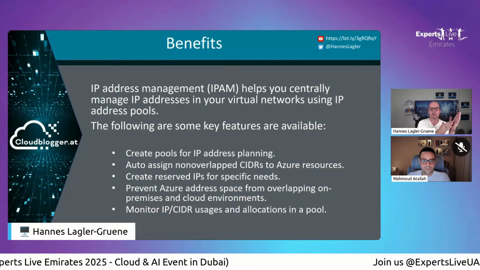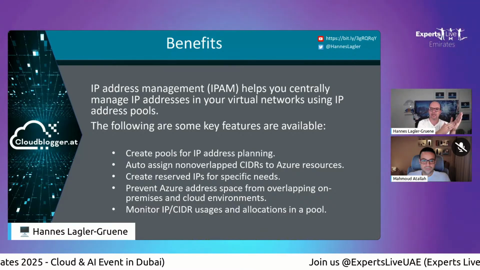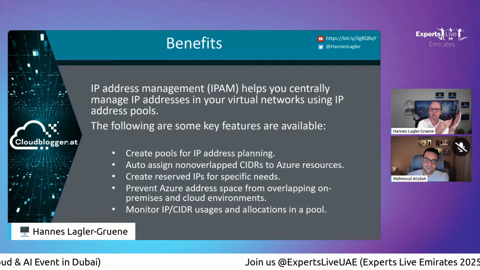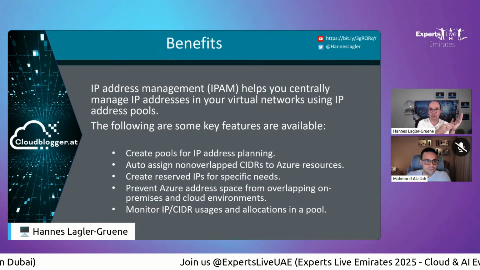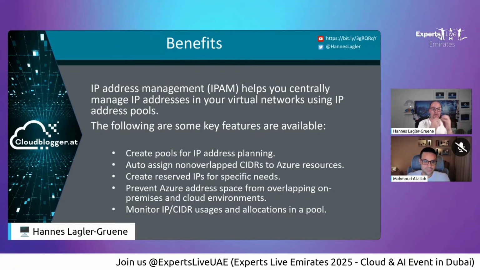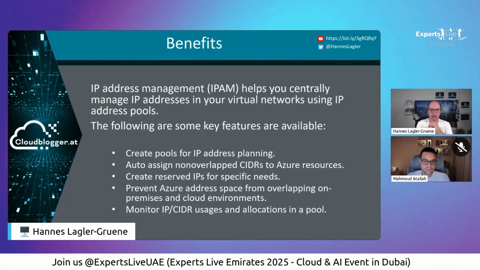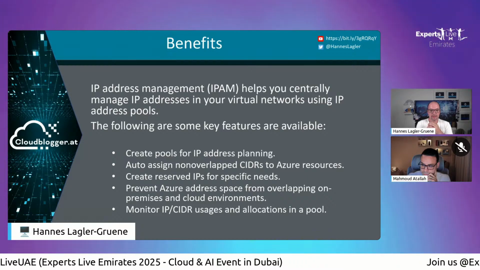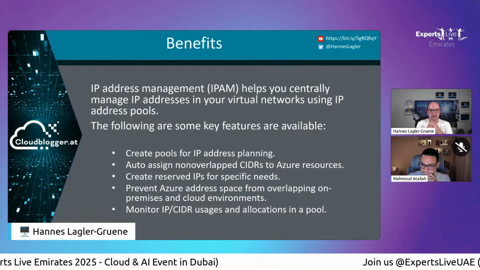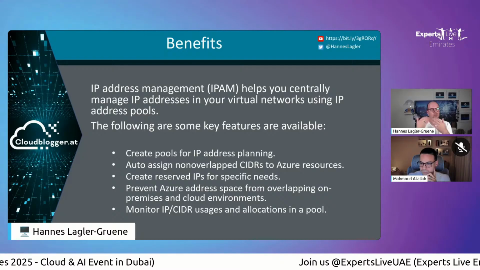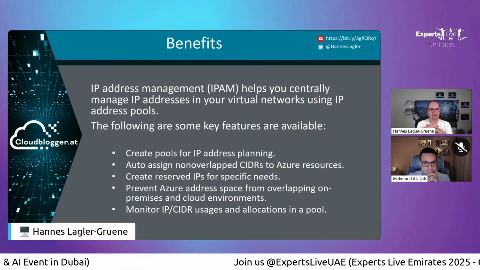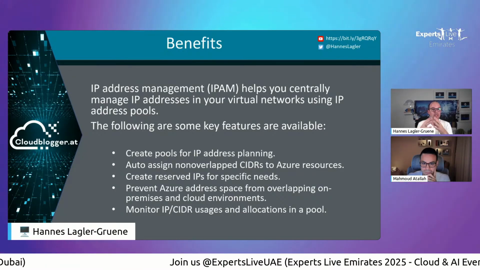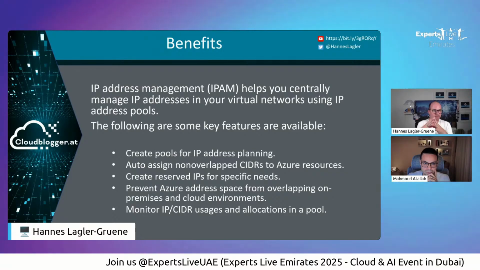You can also create a separate pool with reserved IP addresses, for example for on-premises, if you also want to include the on-premises environment in the IPAM architecture. And for sure, you can also use it for other cloud environments. You can also implement infrastructure as code to manage the IPAM functionality.